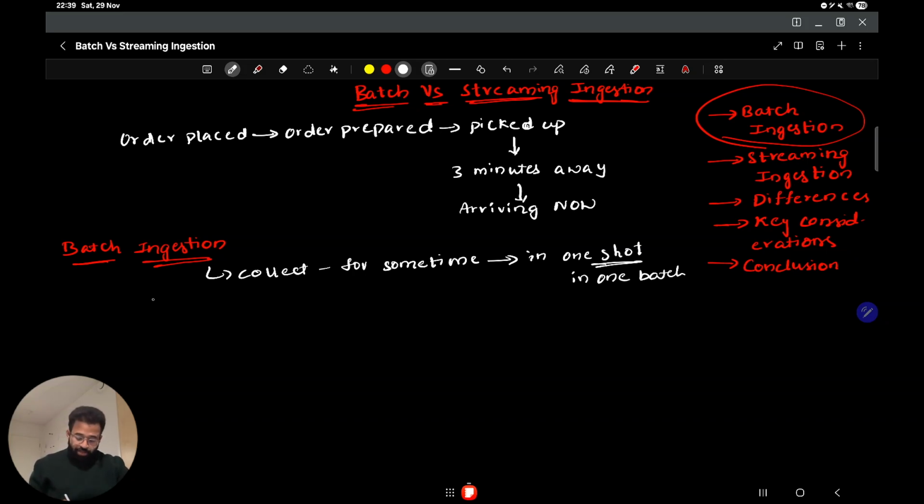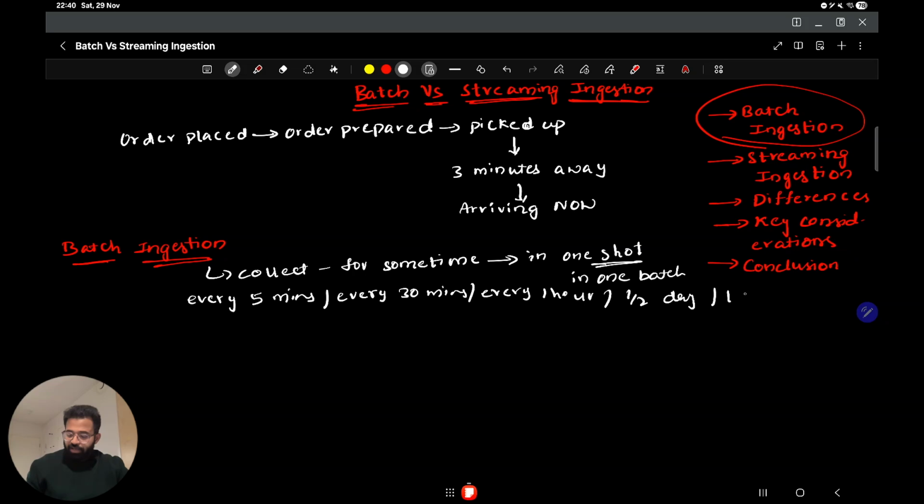That batch could run, let's say, every 5 minutes, or every 30 minutes, which is half an hour, or every 1 hour, or half a day, or basically once a day as well, or it can be a nightly batch or weekly batch.